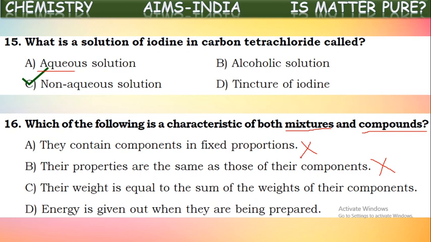This is according to the law of conservation of mass. The total mass of the components will be equal to the total mass of the mixture or compound formed. Mass won't be changed. So this is a common property of mixtures and compounds. Okay, next question.